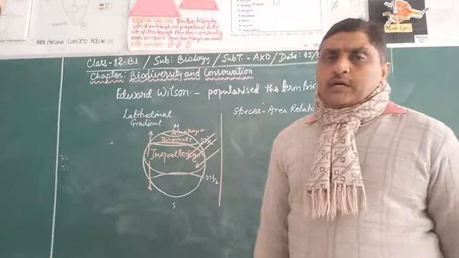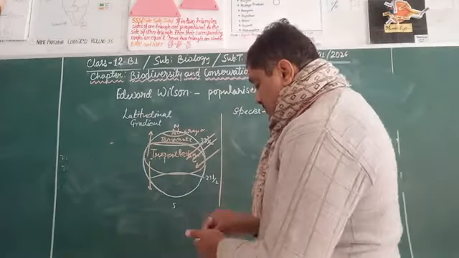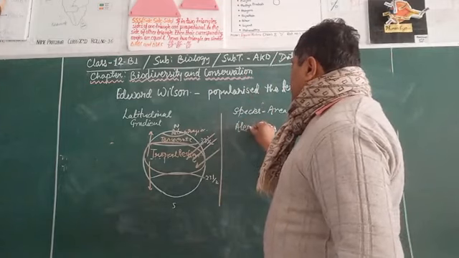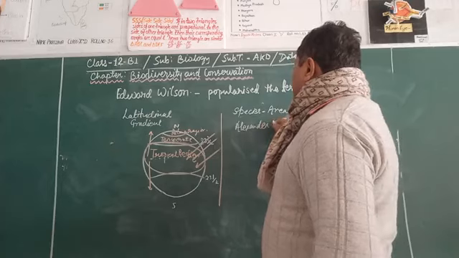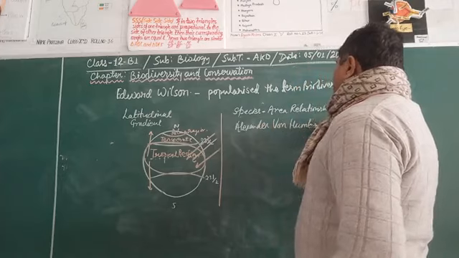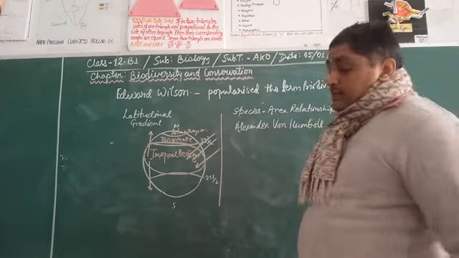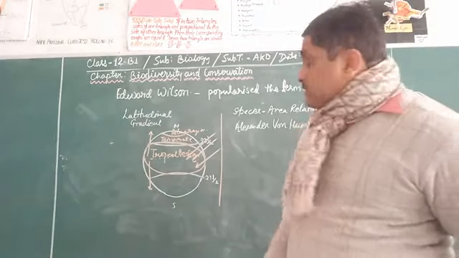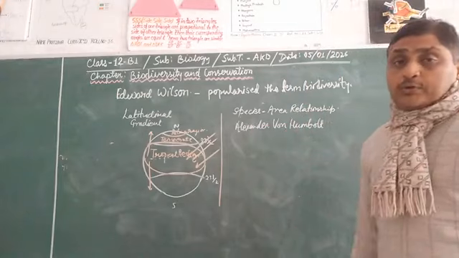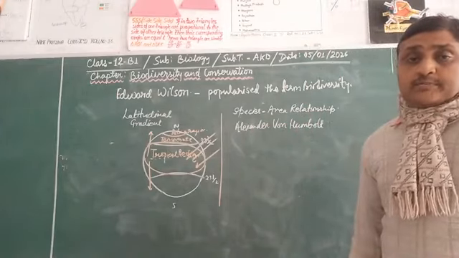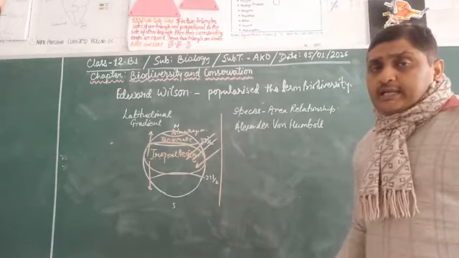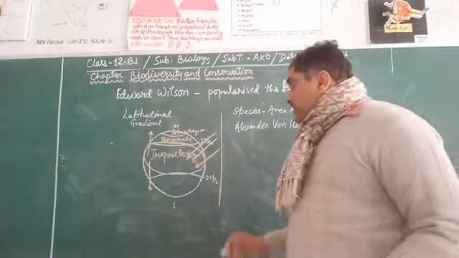He defined the species area relationship, which suggests that if the area increases, the number of species will increase.